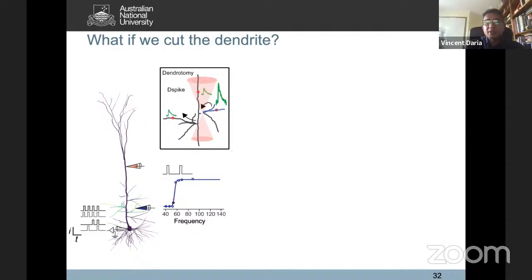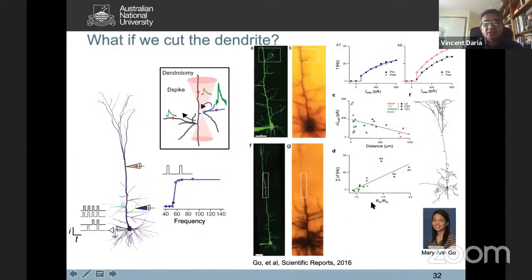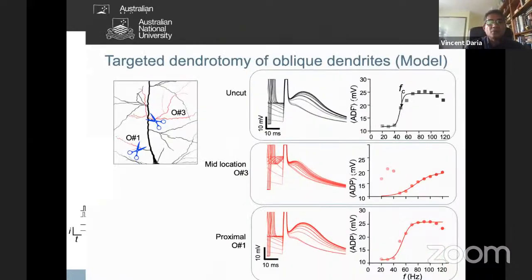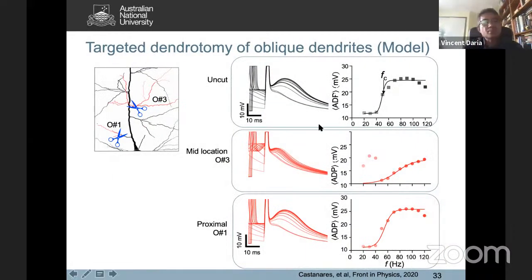So we then proceed with a cutting technique, which we actually proposed in 2016. This is my former PhD student who cut different types of dendrite and saw that some of the function of this neuron changes. We then use the same protocol to cut specific dendrites in the regions we're interested in.